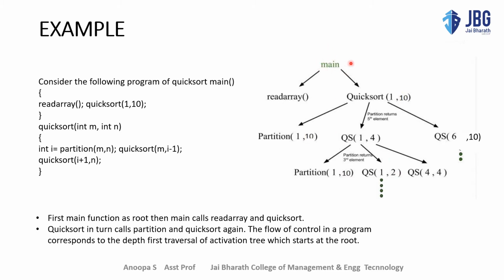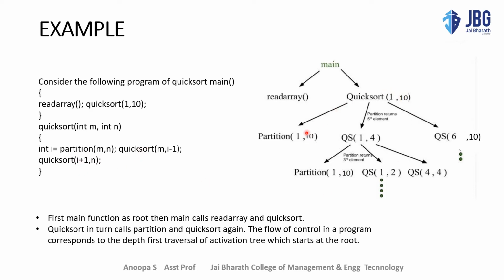The main function I have made the root, then read array is the first function, then quicksort is the second function, both called within the main function, so I have made them children of the main function. Then when quicksort is called, partition is called, quicksort is called, and quicksort is called.